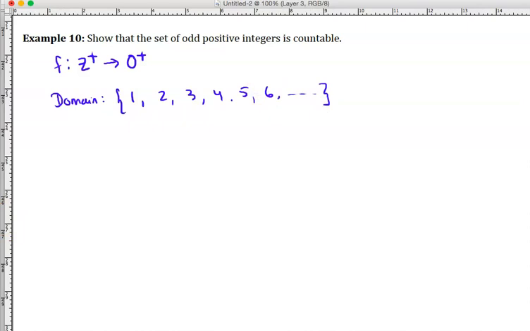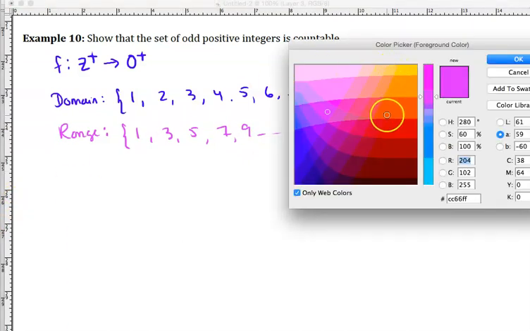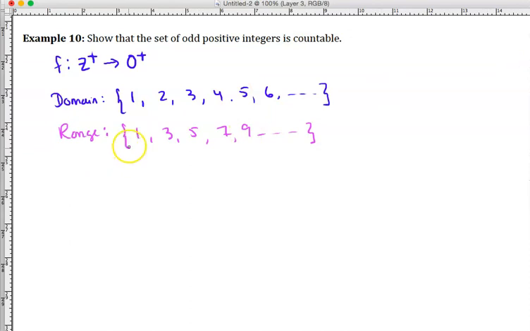And my range is going to be the set of positive odd integers: 1, 3, 5, 7, 9, and so on. We're going to just match them because there are no positives and negatives. We're just going to say 1 goes with 1, 2 goes with 3, 3 goes with 5, 4 goes with 7, 5 goes with 9, and so on.